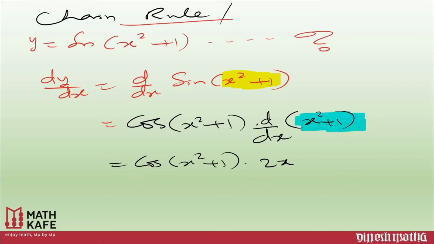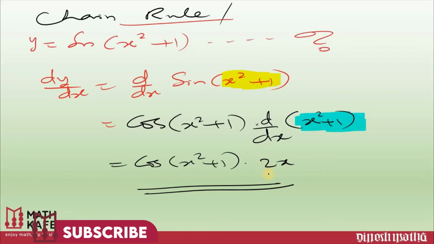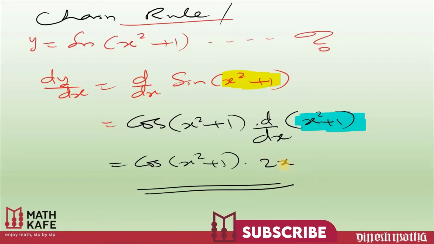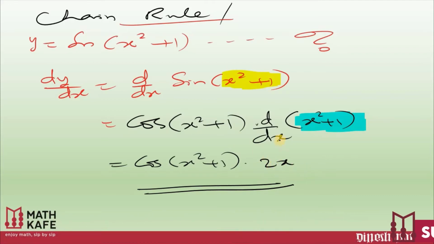You got the answer. Simple thing. Cos of x square plus 1 into 2x. If you go with the NCERT way or the textbook way, there will be so many assumptions and substitutions. It will become more complex. Simple thing, in any formula, your variable part must be an x. Whenever it is not an x, you keep differentiating that expression again, and you will get the answer.